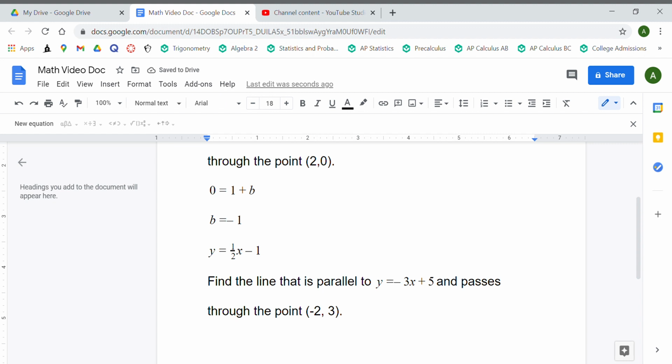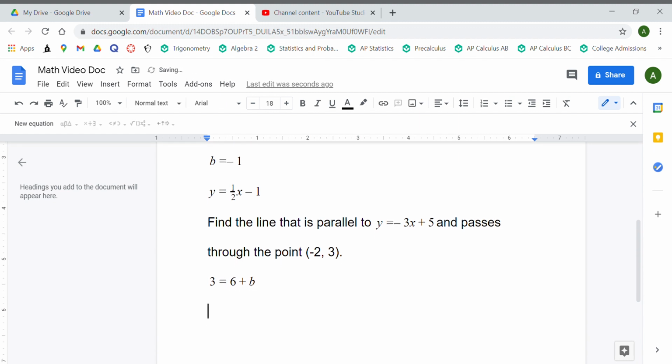Okay, so here we are. We have y equals negative 3x plus 5. We are asked to find the line that is parallel to that line. Remember, same slope, so it has to be negative 3x. Now we plug in points: 3 equals negative 3 times negative 2, which is positive 6, plus b.